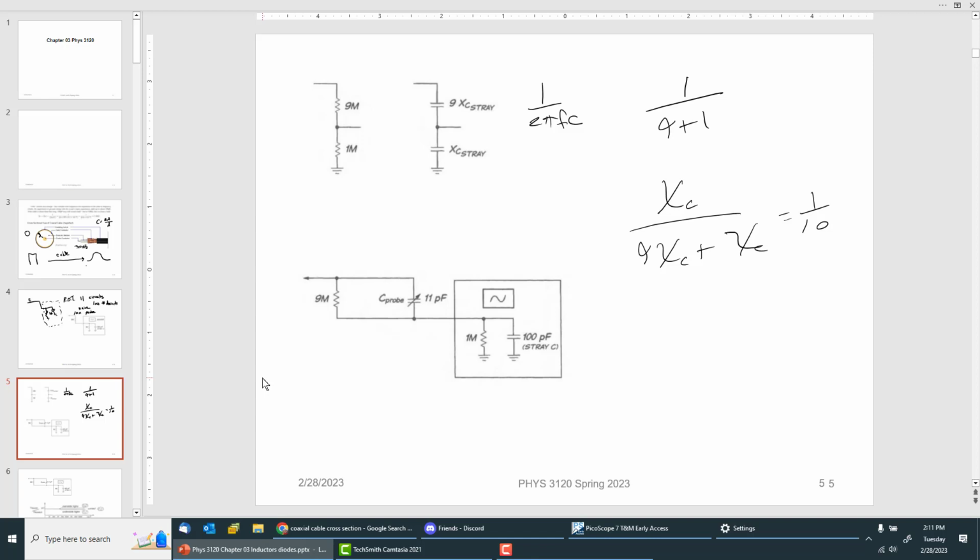So the thing is that since it's a stray capacitance, just like a stray dog, you don't know exactly its behavior or its value. And that's why you see this little arrow through the capacitor symbol. That just means it's an adjustable capacitance.